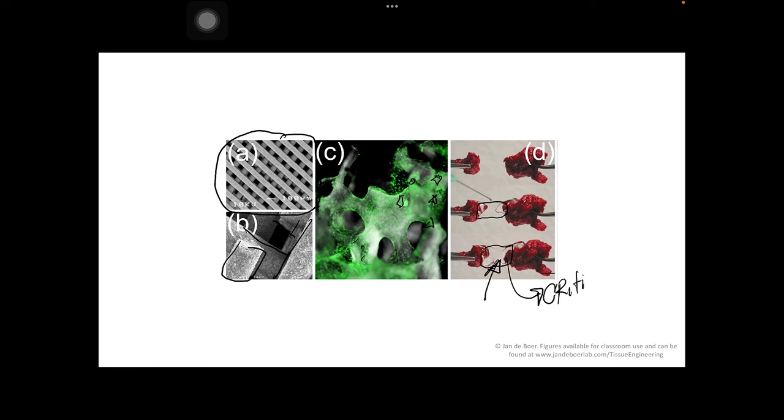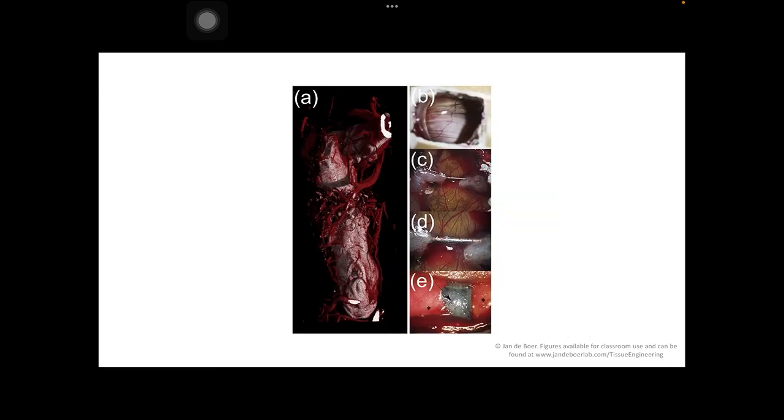Critical size defect, right? So the strategies are there, the efforts are there, and it would be a matter of time to see if we can translate these strategies to the clinic.